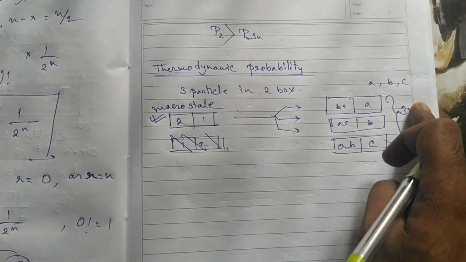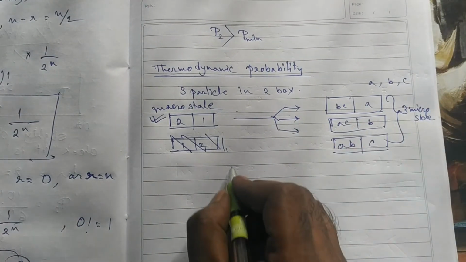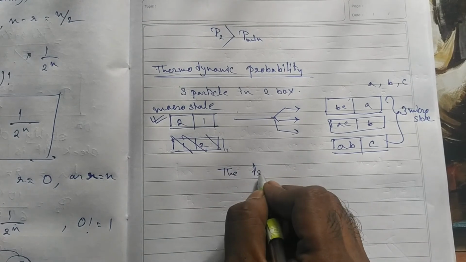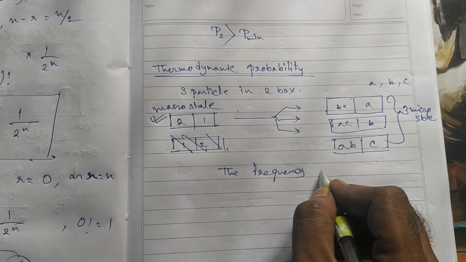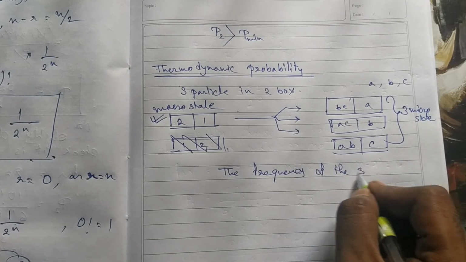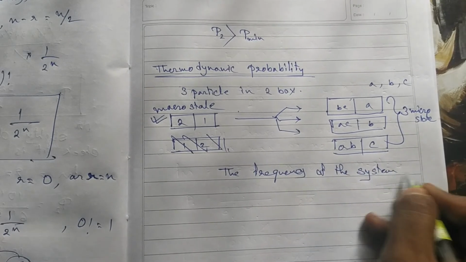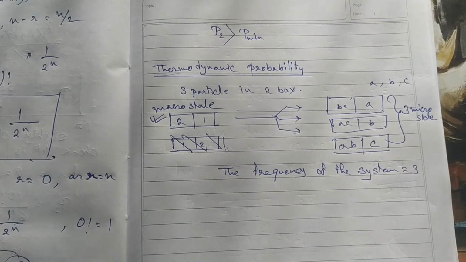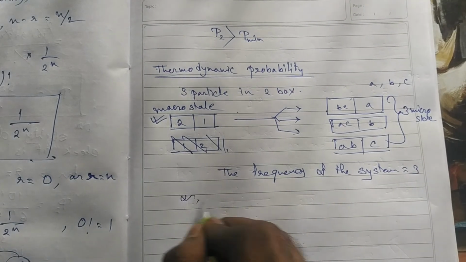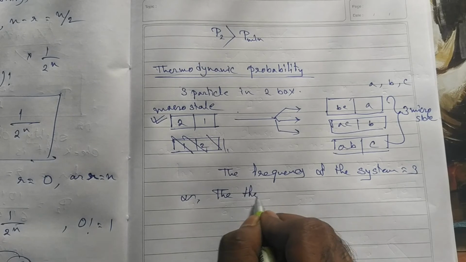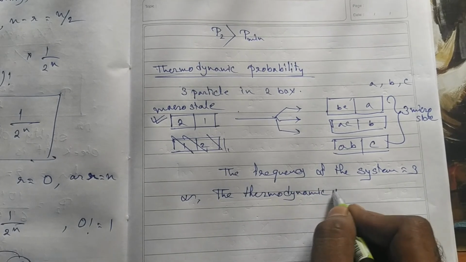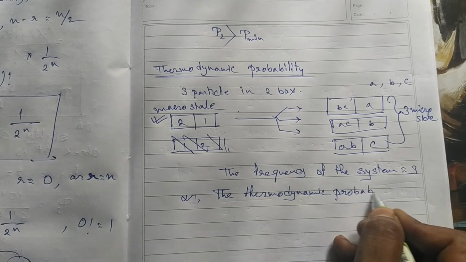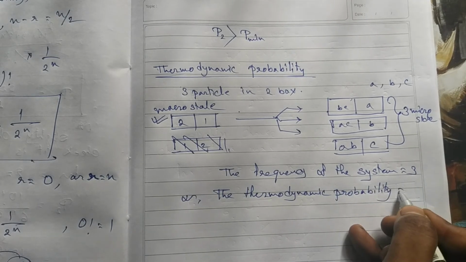So this 3 is called the frequency of the system. It is written as 3, or the thermodynamic probability equal to 3.